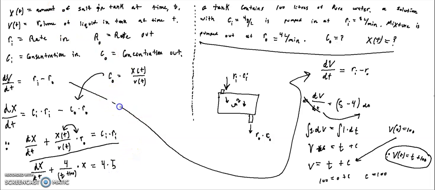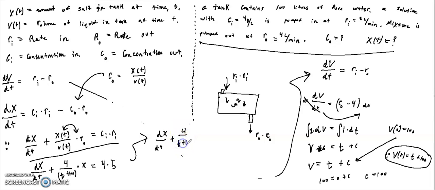So let's make some more room right here. I'm going to hurry up a little bit because I only have 4 minutes left, but so we get dx/dt plus 4 over t plus 100 times x equals 20.